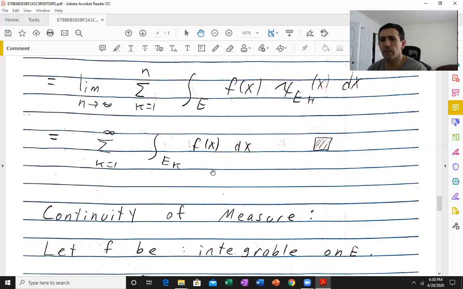It's on the Wikipedia page on Borel-Cantelli. But anyway, I thought that's kind of funny when I saw it.